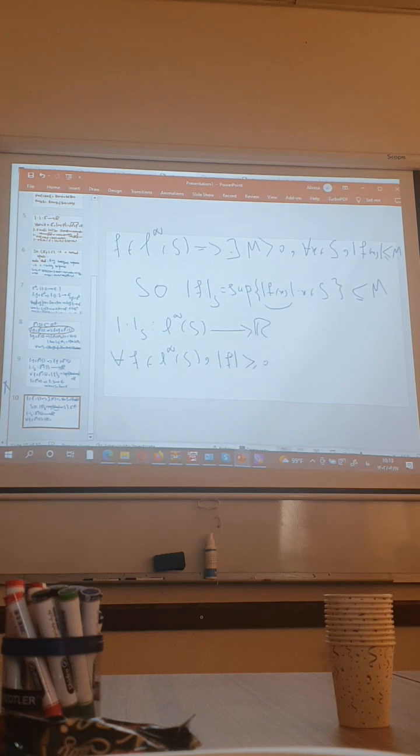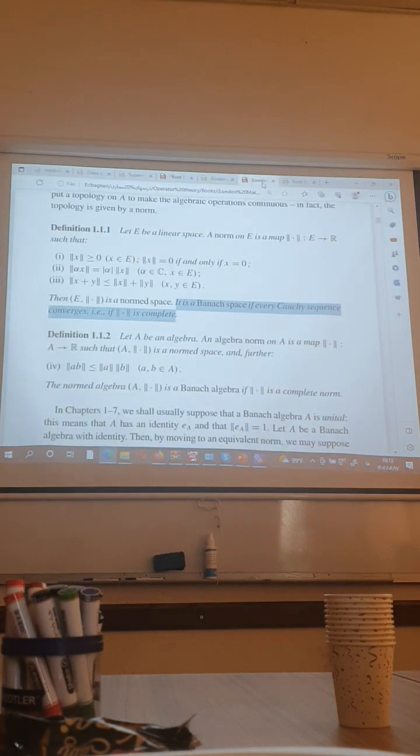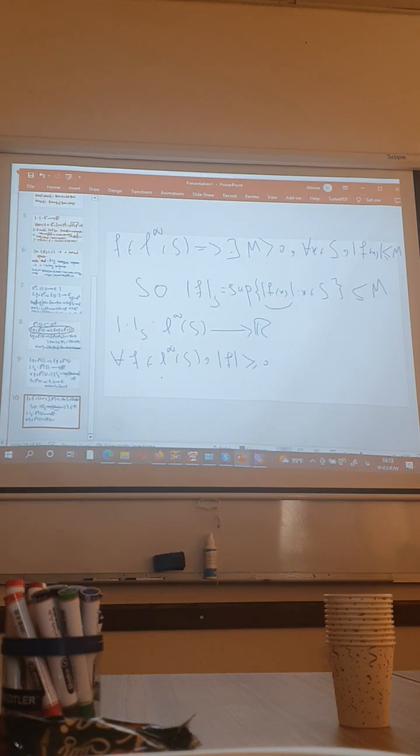What is the property of a norm? This must be non-negative, and also the norm of f equals 0 if and only if this equals 0, we see that this supremum must be equal to 0.